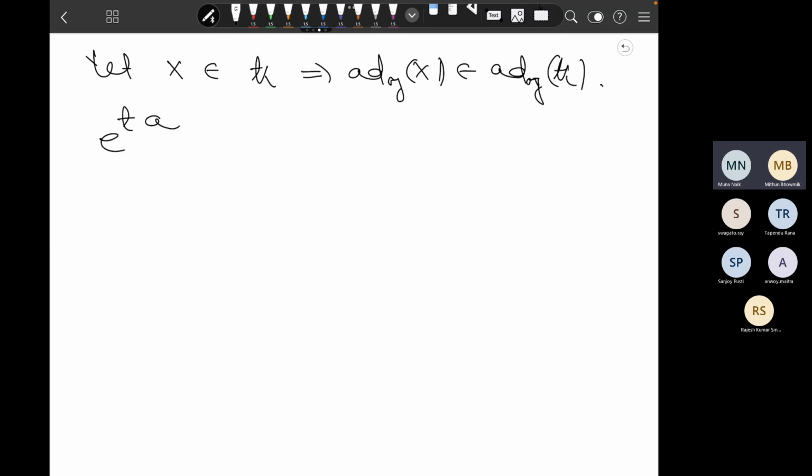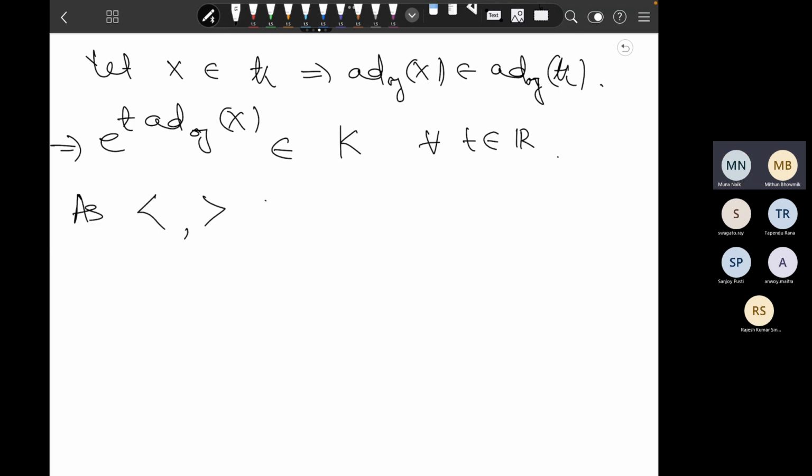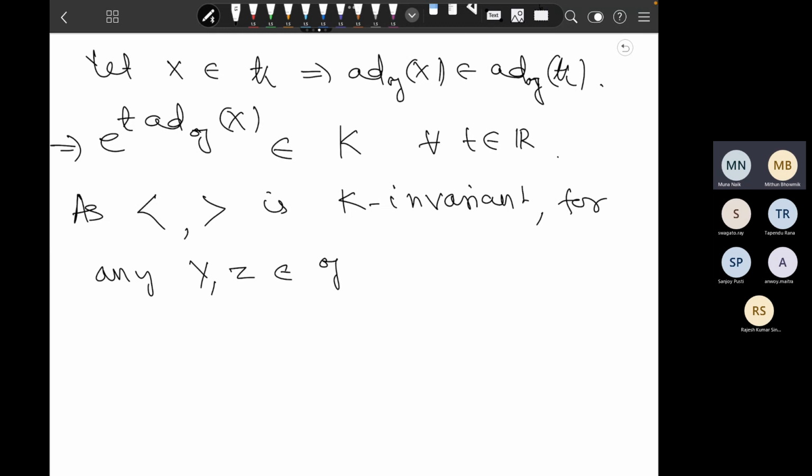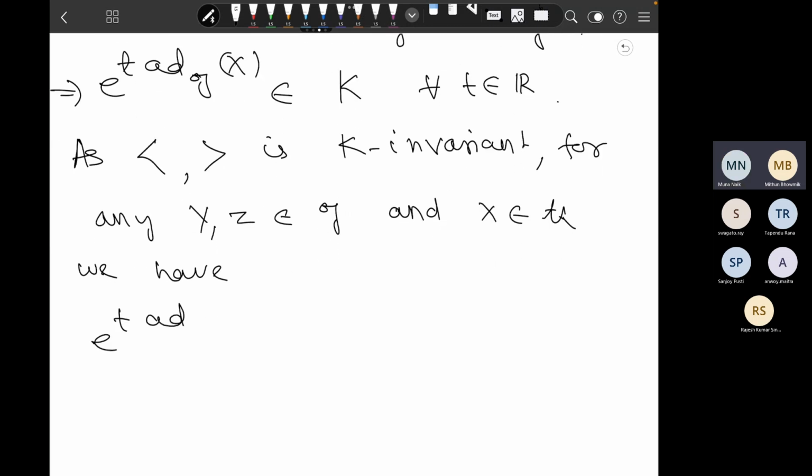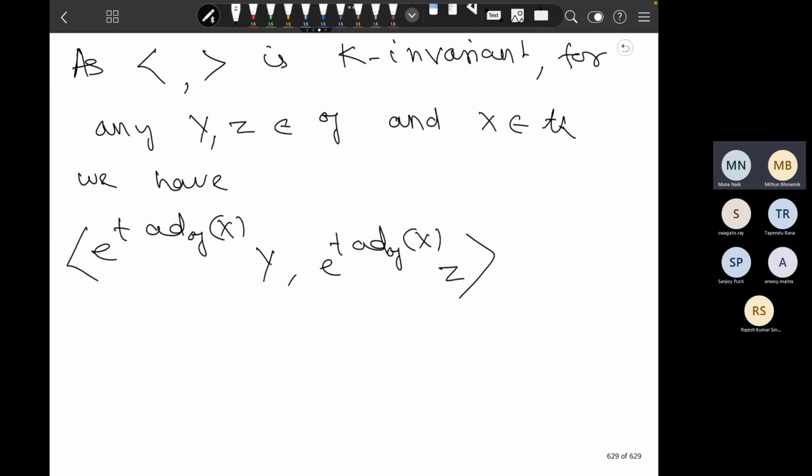Now this implies e to the power t R_G(x) belongs to K for all t in R. As this inner product is K-invariant, for any y, z belonging to G and x belonging to k, we have that e to the power t R_G(x) y, e to the power t R_G(x) z is really the inner product of y, z.